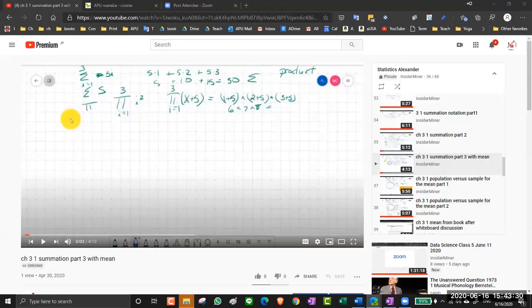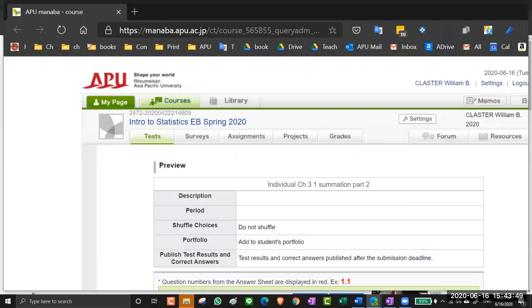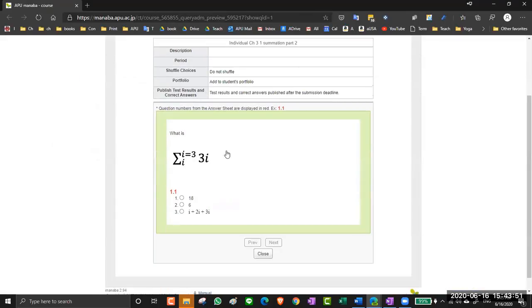Okay. So the next one is an individual one, but there's a slight mistake on it. So let me just show you the question first, just to clarify what it's supposed to be. Can you guess what it's supposed to say? Can you guess what the question is?